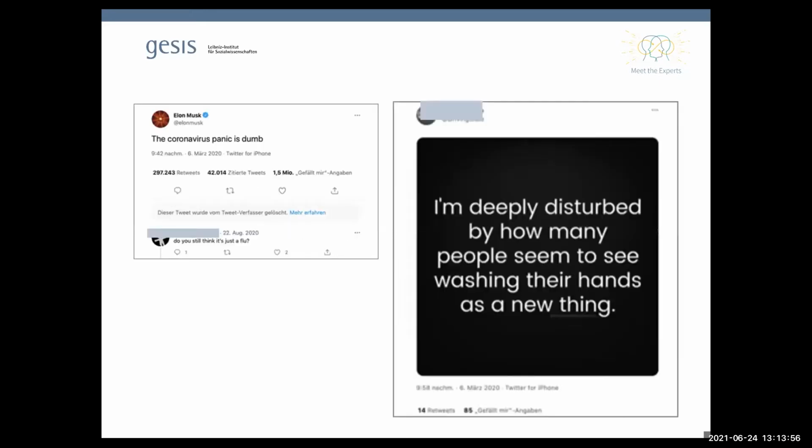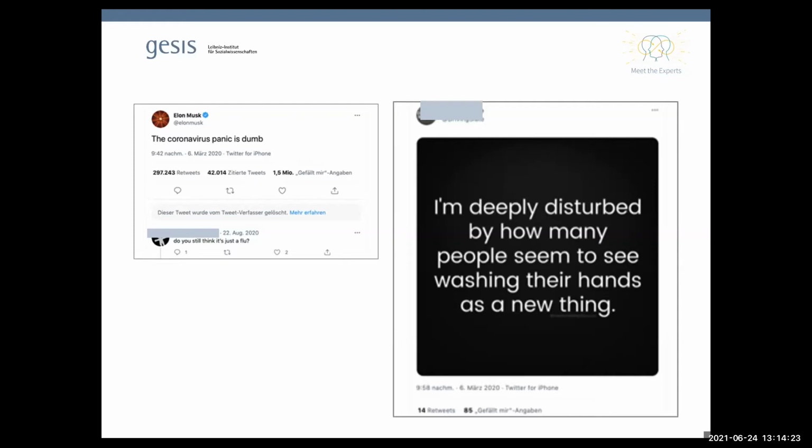So in this COVID-19 scenario, for example, you still can find tweets from March 2020, so from a year ago, like the one on the right-hand side of someone issuing a concern why so many people suddenly seem to be surprised that they are supposed to wash their hands during this pandemic. So this would be an example of an immediate reaction on Twitter back then.